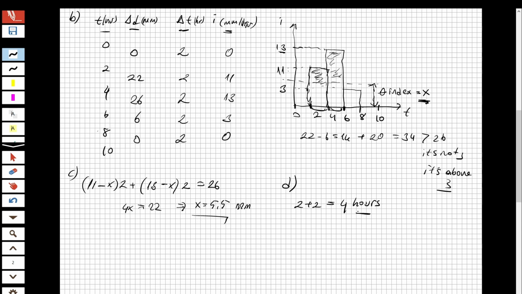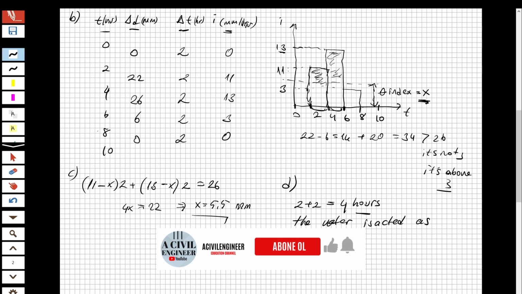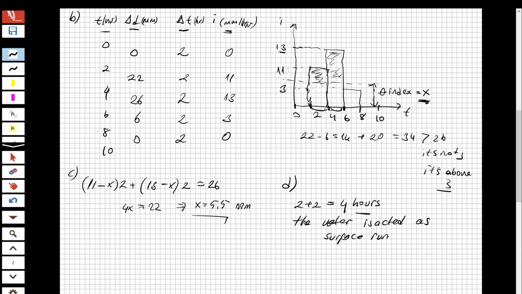The hours range above the phi index, the water is acted as surface runoff, in hours, because they ask for hours.